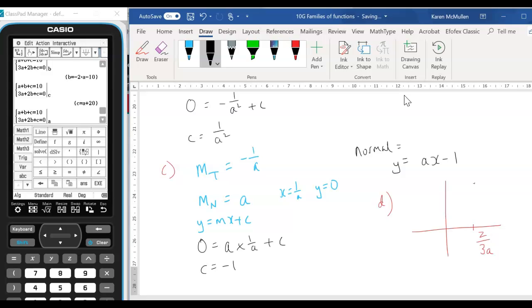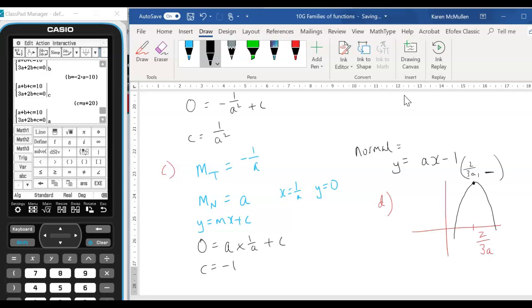Up until that point, and we don't have to draw the cubic, we just know up to that point it's increasing, and then it's decreasing. So for this point here, we just need to substitute in the x coordinate to get the y coordinate.